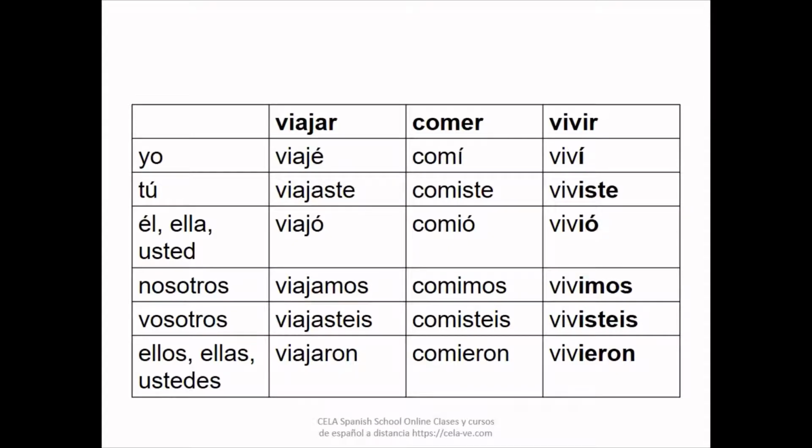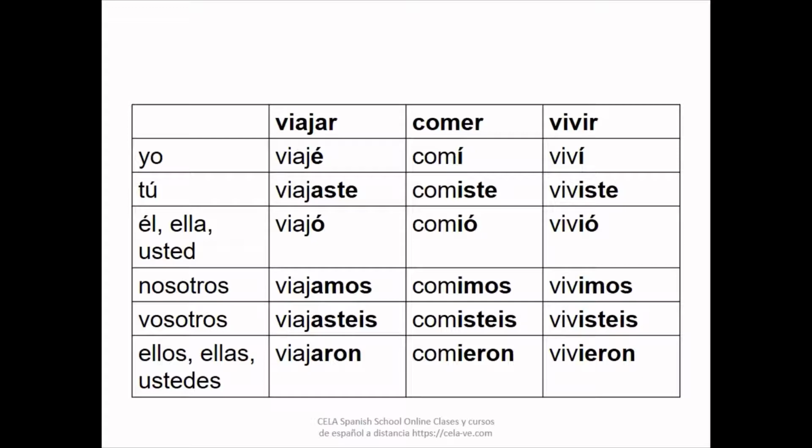The endings are í, iste, ió, imos, isteis, ieron. The endings for the verbs in er and ir are equal in this tense.